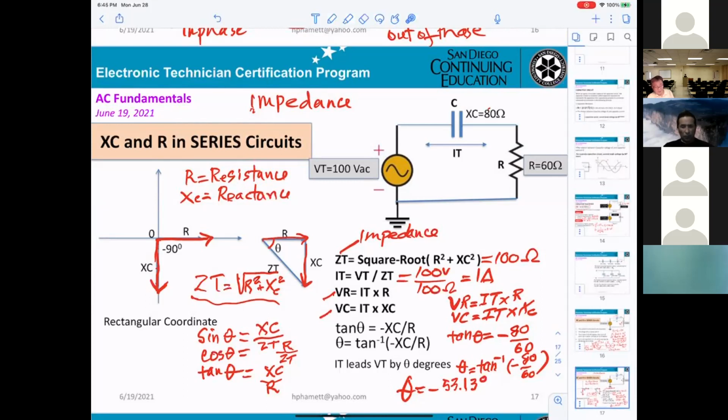When you're talking about IC, VC, IC is leading VC by 90 degrees. If they're talking about resistance, then R and the voltage VR and current IR will be in phase. They have no phase difference. So what is the phase angle? Minus 53.13 degrees.